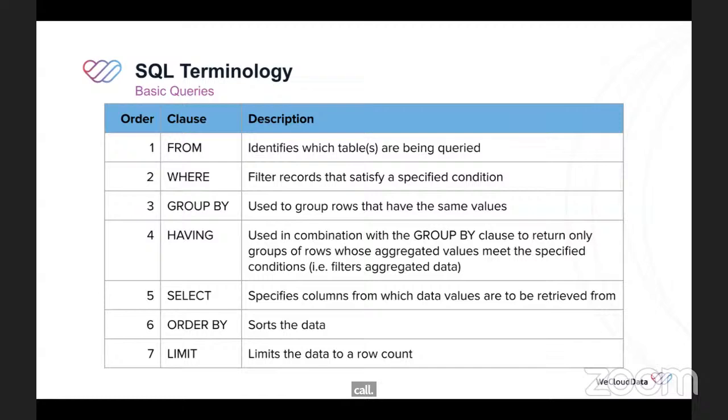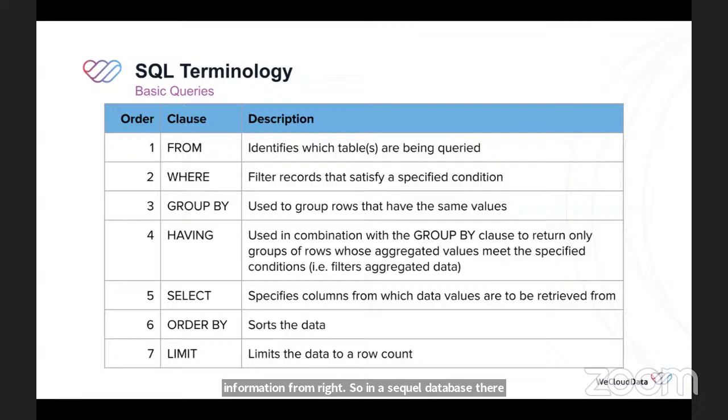So first thing we're going to talk about is the order of operation. Okay? The first clause that the query will focus on is the from clause. So this tells SQL which table you're getting the information from. Right? So in a SQL database, there can be multiple tables.